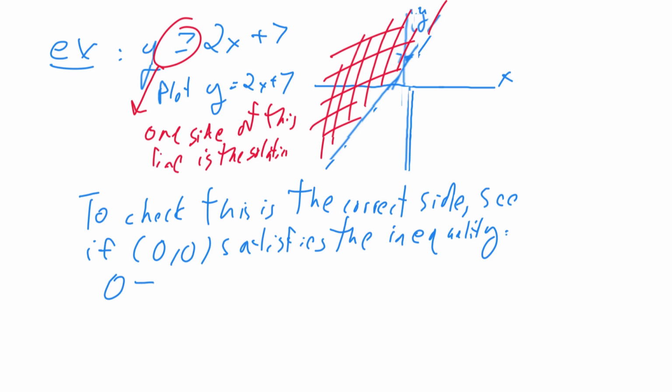It does not, because 7 is not less than or equal to 0, which means that the origin 0, 0 is not in the solution space. So I pick the other side of the line, which is marked in red.